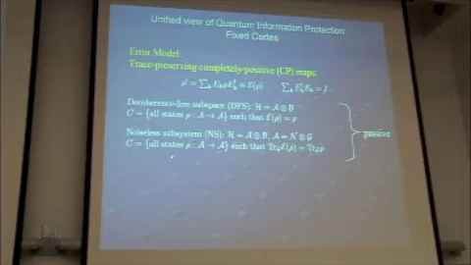What we ask is that states are not just preserved, but that a piece of them is preserved in the following sense. Take the noise map, apply it to states in A, and then trace out the gauge, not qubit, excuse me, the gauge subsystem.